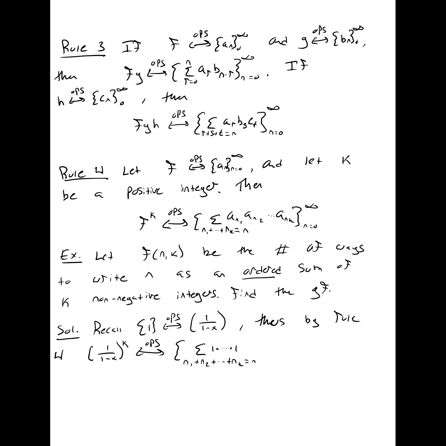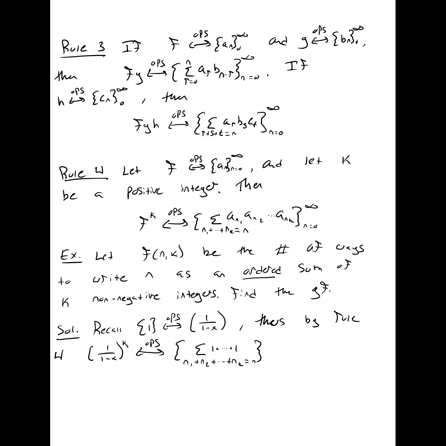Each one of these is just going to be 1 times 1, k times, but that's not going to matter because we're just going to get a 1 here, but we're also going to contribute a 1 every single time one of these sums exists. And that'll actually collect every single one of these sums, and it'll tell us how many of them there are. And so that's exactly by rule 4, so that's really cool.